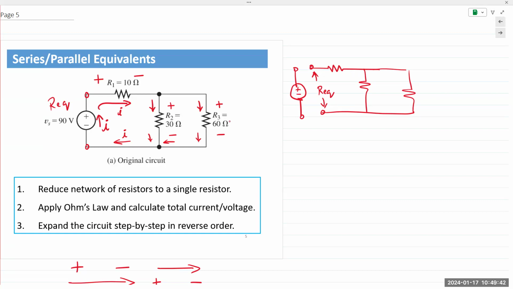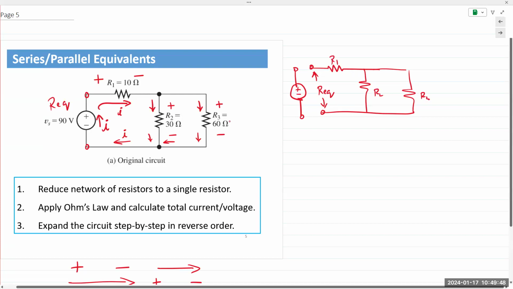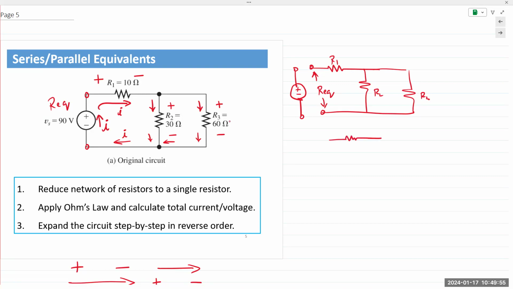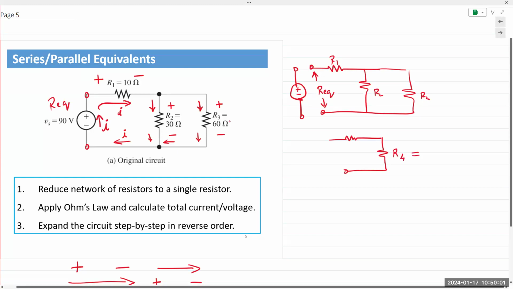Okay, then let's find REQ. We have R2 and R3. R2 and R3 are in parallel. We combine it into one resistance. I'm going to call this R4. R4 is the parallel combination of R2 and R3.